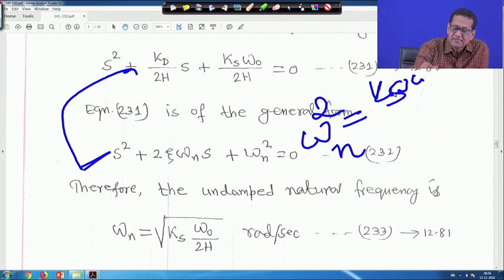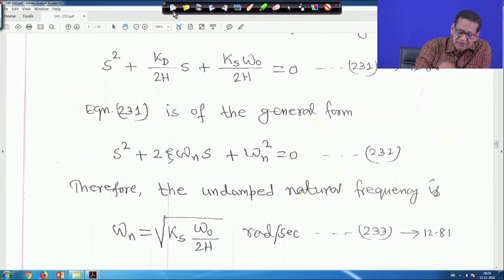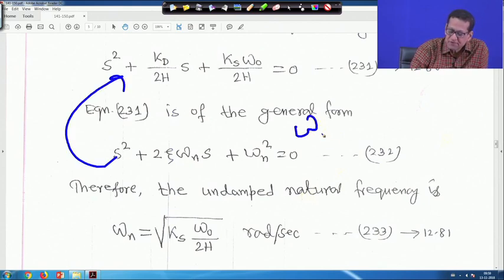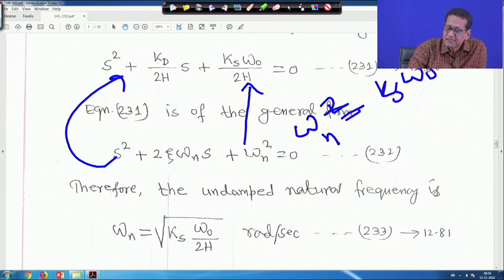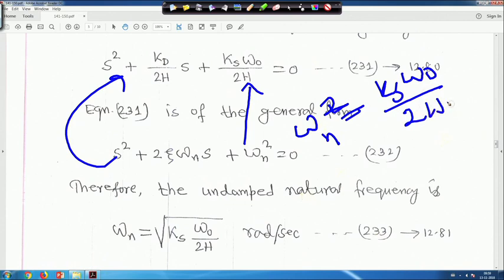These two equations are analogous to each other. Therefore, omega n square is equal to K s omega 0 by 2 H. Therefore, omega n is equal to root over K s omega 0 upon 2 H, in radian per second. This is equation 233, for my own reference. So this is omega n, in radian per second.